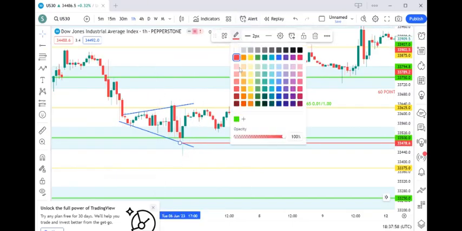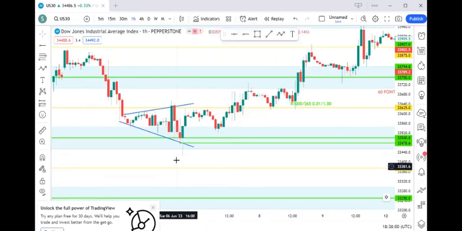For example, we enter the market. Entry. Market spikes out, 33478. Market spikes out to 33425. That's around 50, say 55, 56 points.